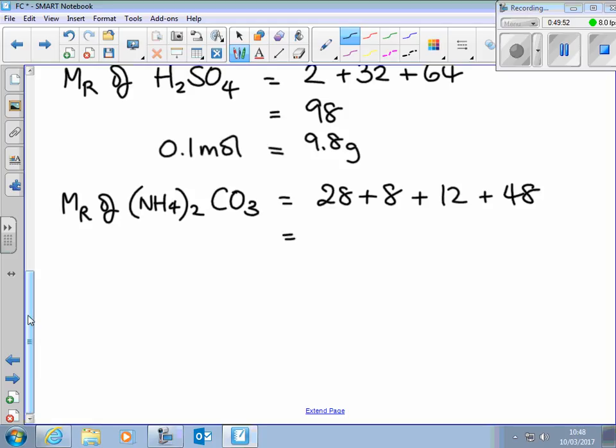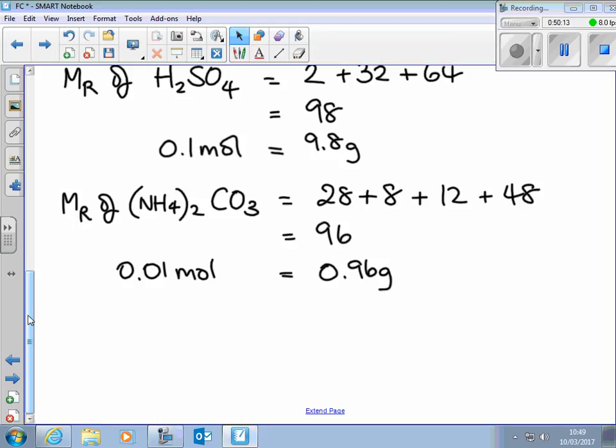That comes to 96. And so this time we've got 0.01 moles. We divide through by 100, so it is 0.96. Right, I think we're getting the hang of this, which is good.